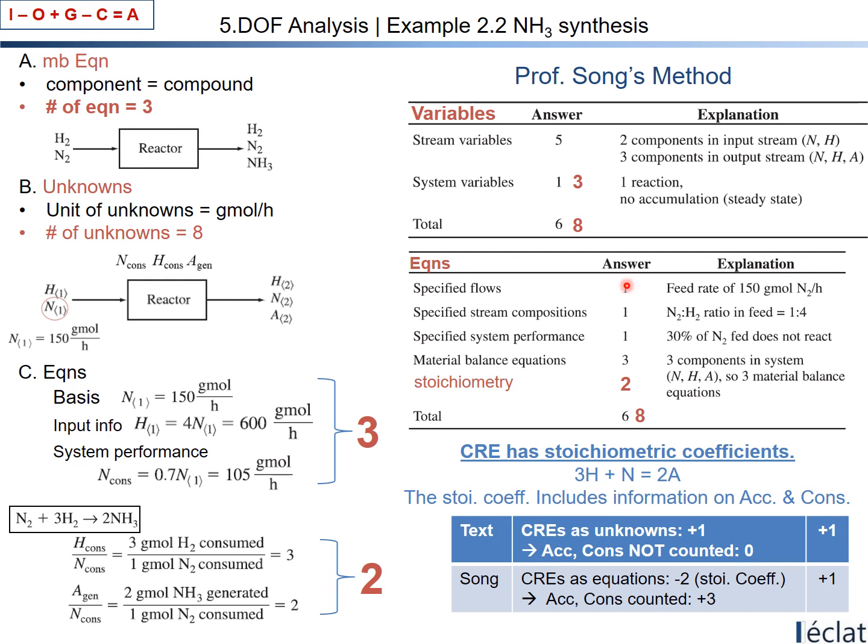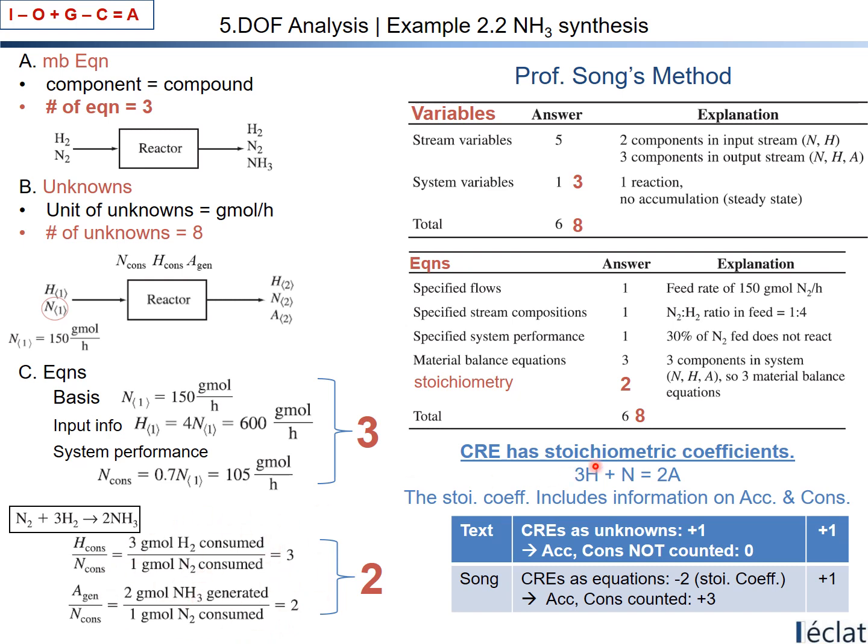So the total number of equations is 6 for the previous or textbook method. However, in my method, I need to have two more equations. Those 2 more equations come from the chemical reaction equations.